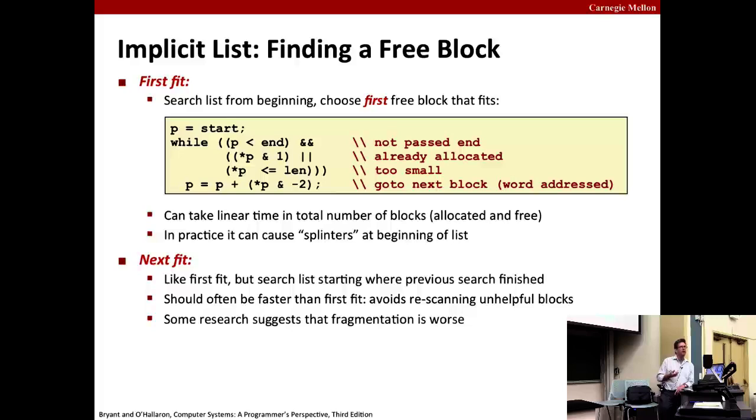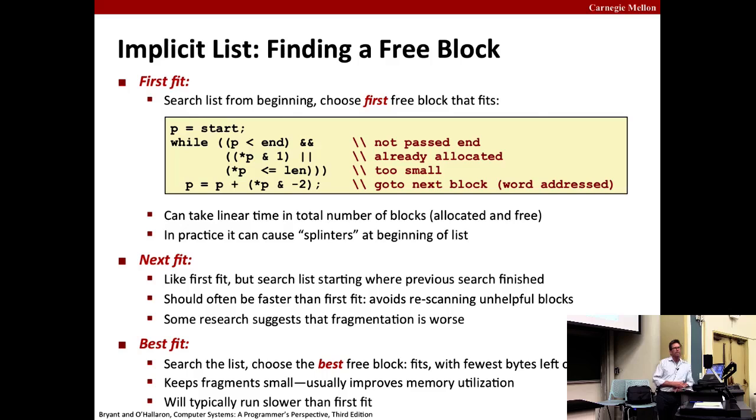Now this seems like it would be a good idea, but empirical studies have shown that this actually results in worse fragmentation. So you can consider it, but it's generally probably not the best thing to do. Now, another alternative is to find a free block in the heap that's the best fit. So in general, look at all the blocks in the heap and find the block that fits the best.